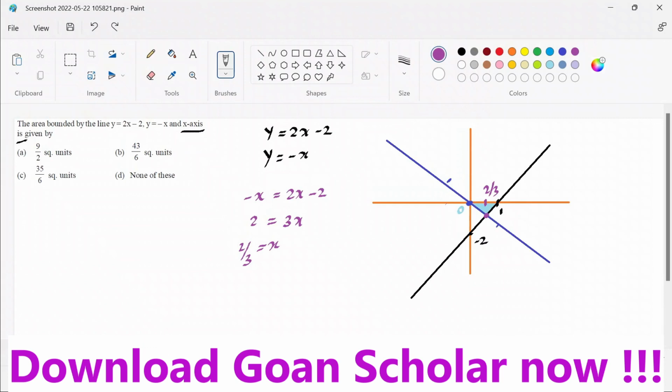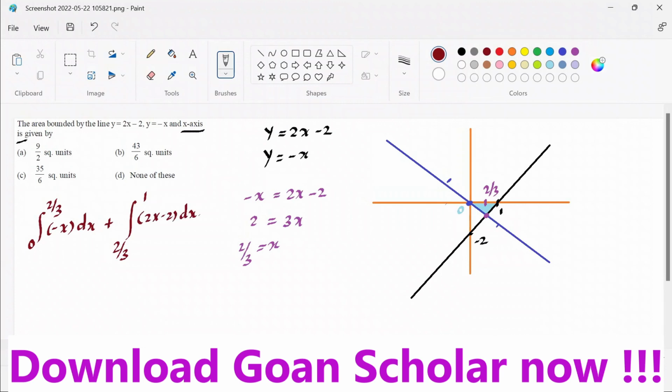Plus 2 by 3 to 1, the black line. Done. That will give me the answer. So 0 to 2 by 3, blue line. What's the equation of the blue line? Minus x dx. Plus 2 by 3 to 1, the black line, 2x minus 2 dx.